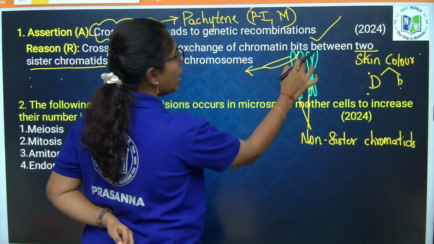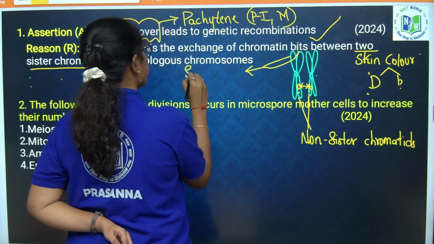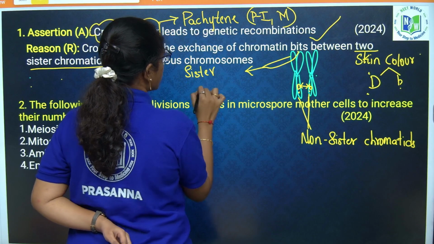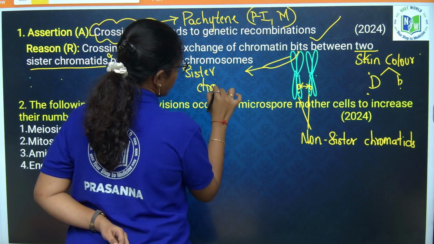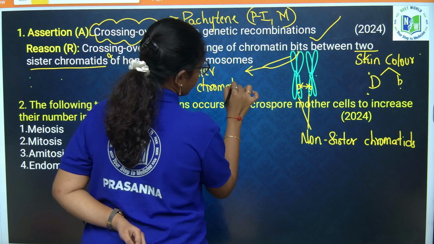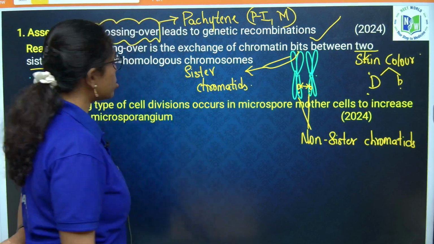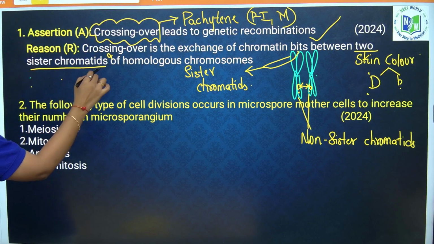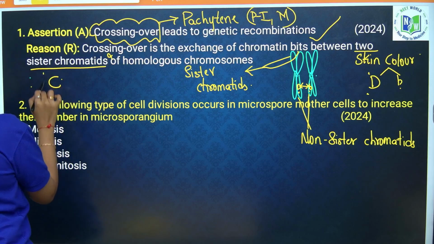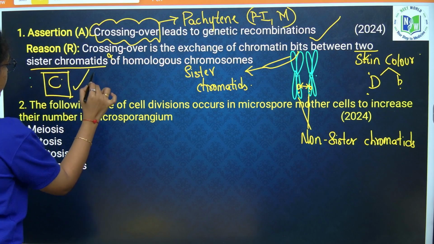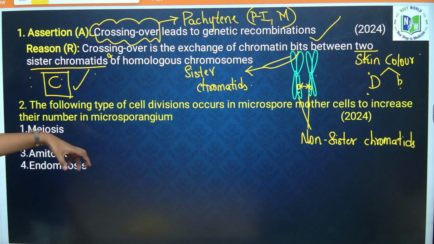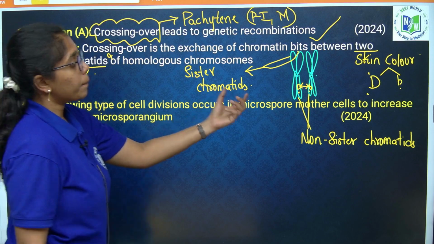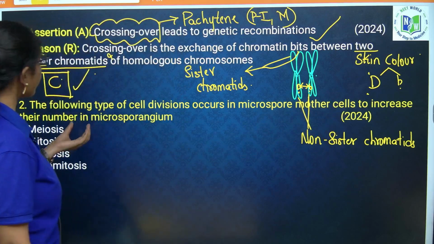Crossing over never takes place between sister chromatids. Clear, beta? So here, the assertion is true and the reason is false, so our option will be option C.